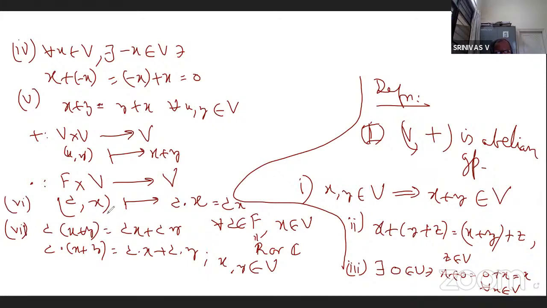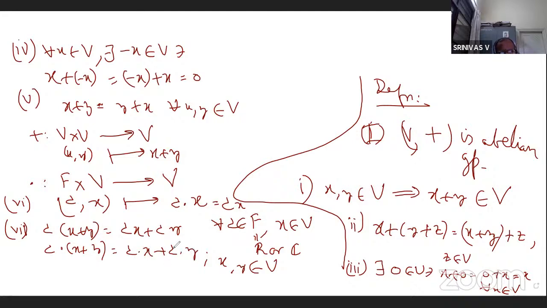So by the property 6, scalar product is closed on V. Therefore c into x is an element in V, c into y is an element in V.